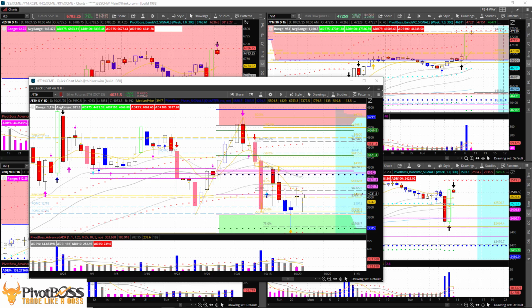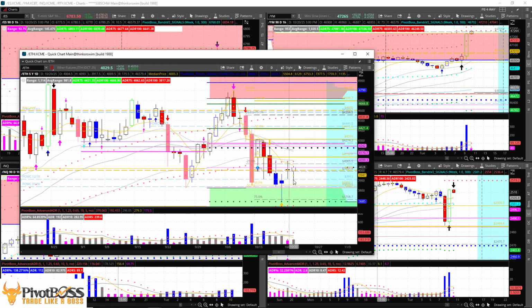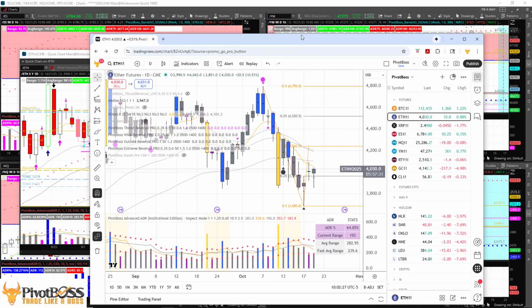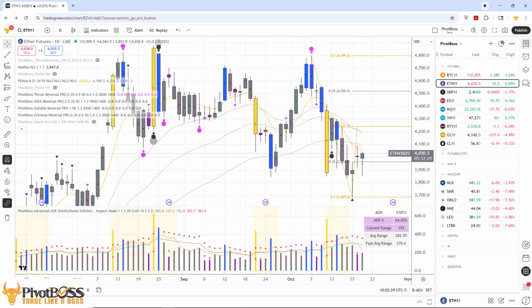Let's see here. I want to bring up XRP, no, ETH. ETH right here. So that's ETH here with a failed new low and a bounce off the lows to the upside. Yesterday we talked about this key range right here from the high to the low.